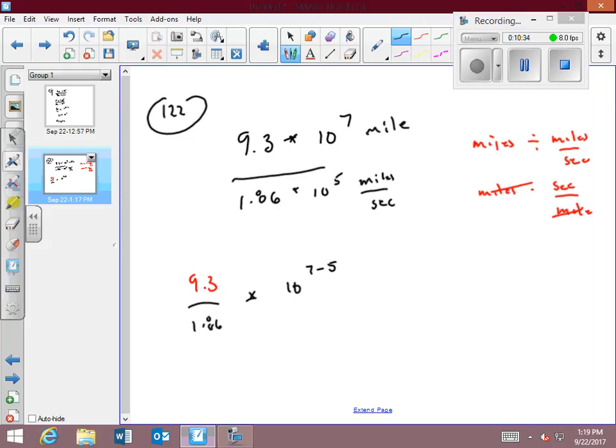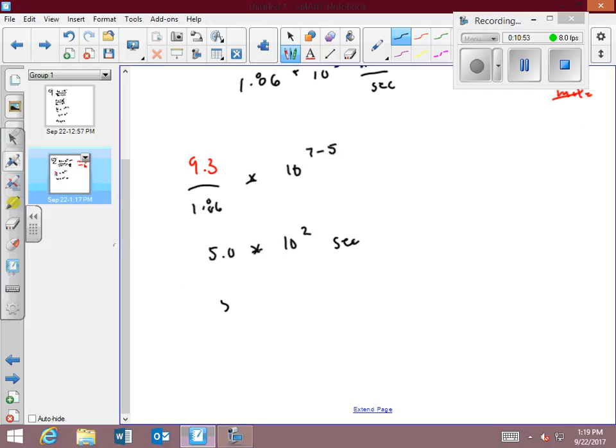Now 1.86 goes into 9.3 5 times. 5.0 times 10 to the second power. So this is seconds, and if that goes to units, it's 500 seconds.